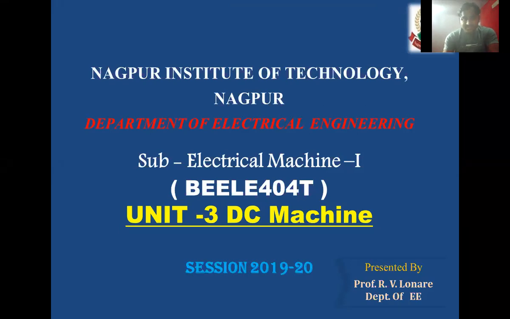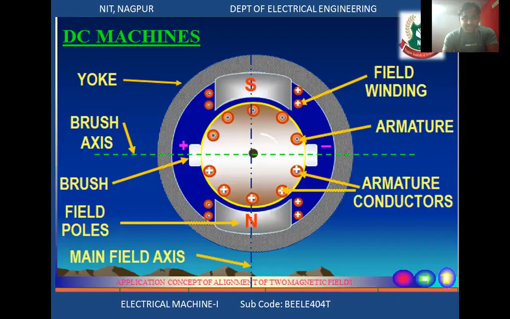Now moving to the next part, that is the parts of the DC machine. We can say that there is a robust construction of this particular DC machine. The outermost part is called the yoke. Then there are two brush lines, the brush axis, and you can see these are the brushes.